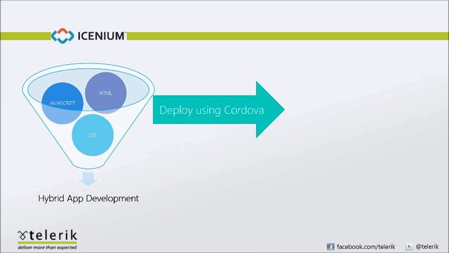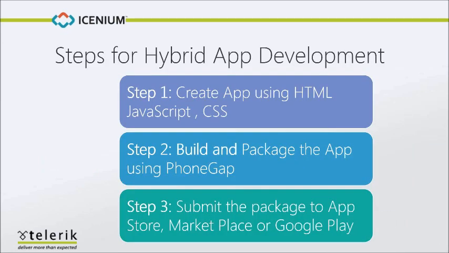Cordova is popularly known as PhoneGap, and this is an open source library from Adobe. Then you deploy that bunch of code, which is nothing but HTML, CSS, and JavaScript, using Cordova on various platforms. If you are creating your application in this mechanism, that application is known as a hybrid application.